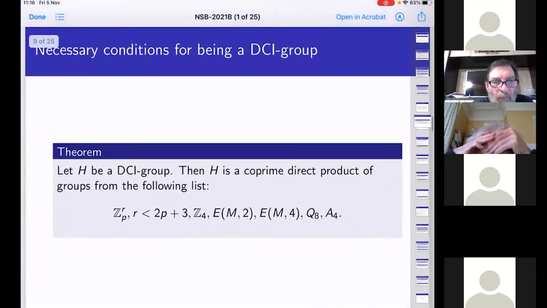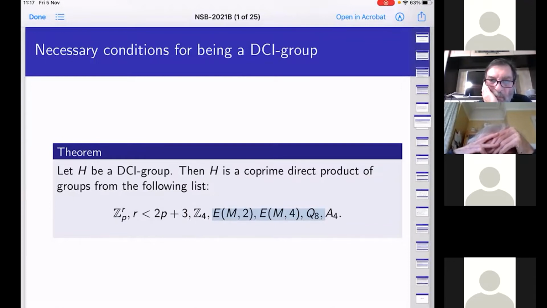So if I write necessary conditions only for the directed case, then we still have this elementary abelian group of bounded rank, Z4, and these non-abelian groups. Now, the group EM2 is what is called a generalized dihedral group. So it's a semi-direct product, as I said before, by an element Y, which acts by inverting the elements of M.